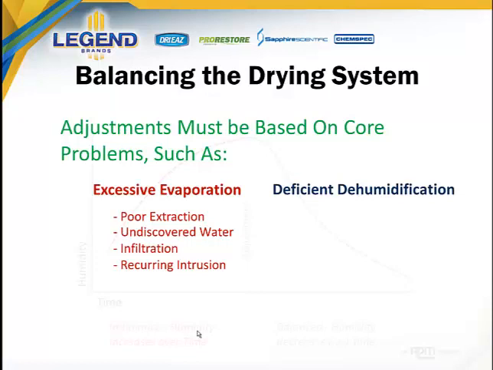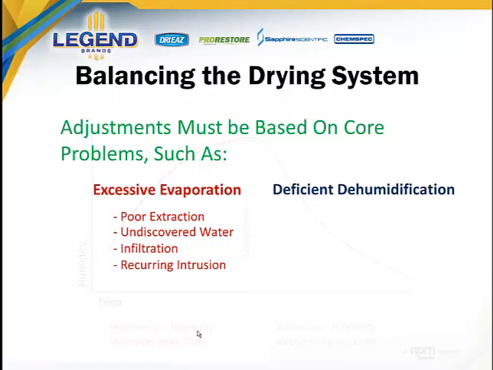This can also be occurring because of the manipulation of doors and windows by occupants when you're not present. And if this is not properly understood by occupants, then regardless of the amount of dehumidification installed, if we're letting excess moisture in from the outdoor environment unchallenged, then no amount of dehumidification is going to give you an appropriate drying system.